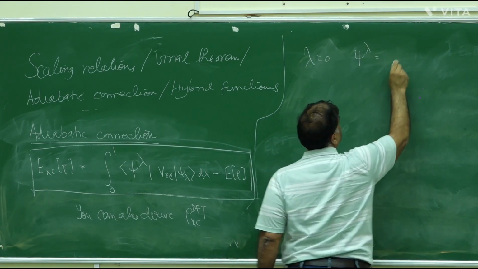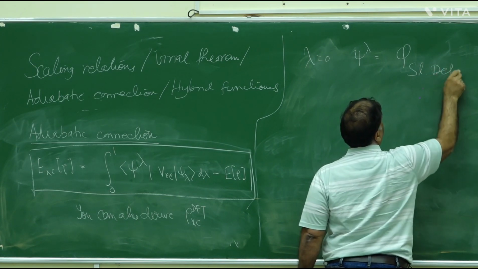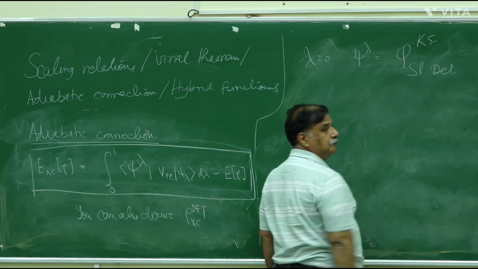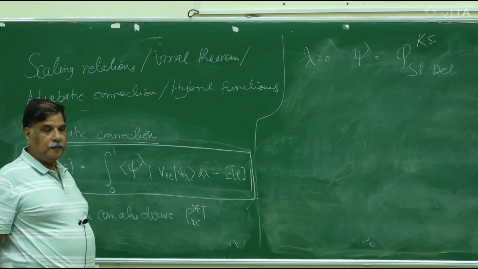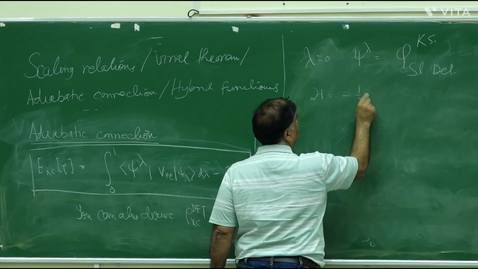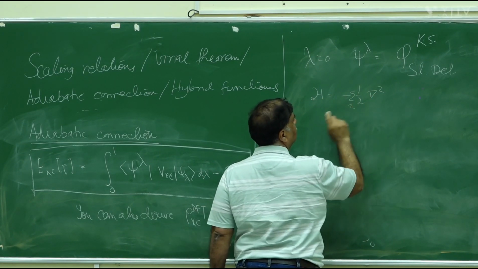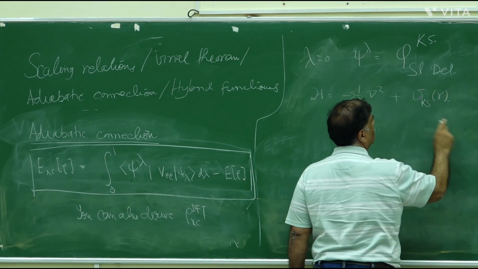psi lambda is nothing but the Slater determinant of Kohn-Sham orbitals. Right, because it is the non-interacting system. Right, lambda equals 0, the Hamiltonian is minus 1/2 del squared sum over i plus V Kohn-Sham r.